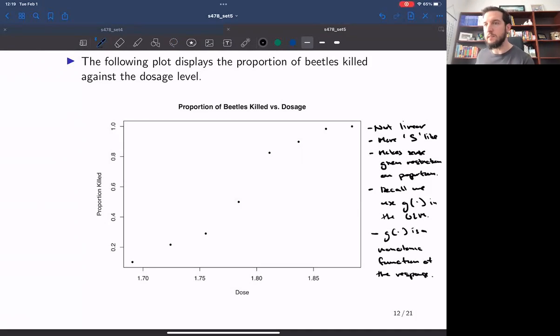So the fact that this isn't linear isn't actually an issue for us, because we're going to be transforming the response via g, and we just want to make sure that g is monotonic, and in this case it is, and it's increasing in one direction, which are the requirements of that particular function. So we're going to be able to account for this shape naturally through the link function.